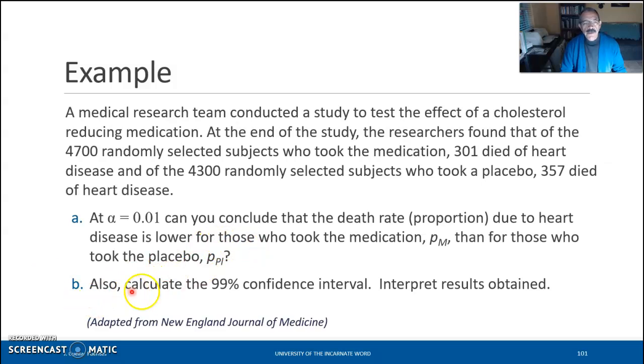And also they want us to calculate a 99% confidence interval, and of course, interpret the results that we obtain. This is a very pertinent example because these are the sort of trials that are performed when a new drug or a new vaccine is being tested.